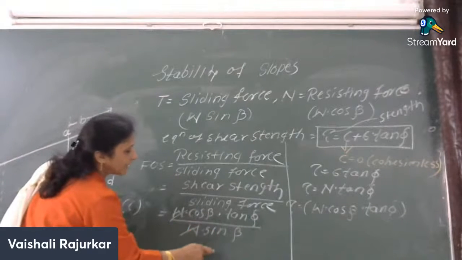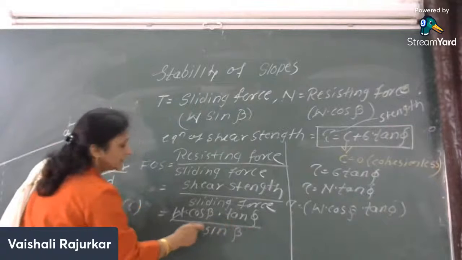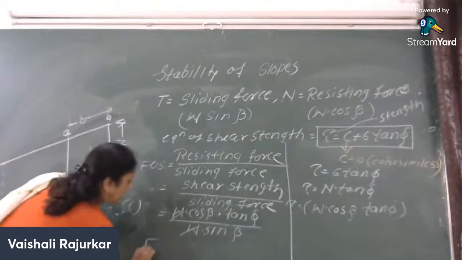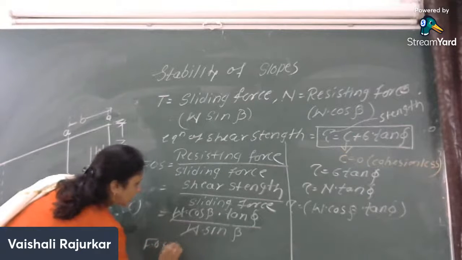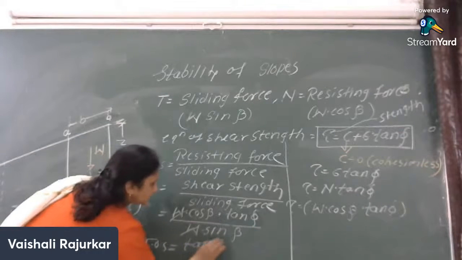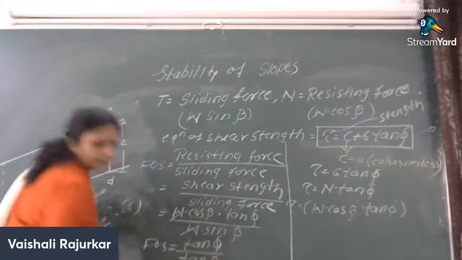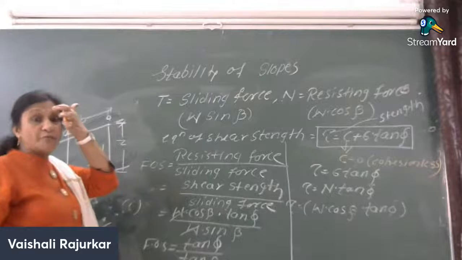Therefore, this sin by cos is tan beta, and therefore the factor of safety is equal to tan phi upon tan beta.